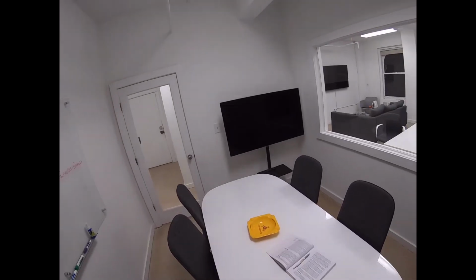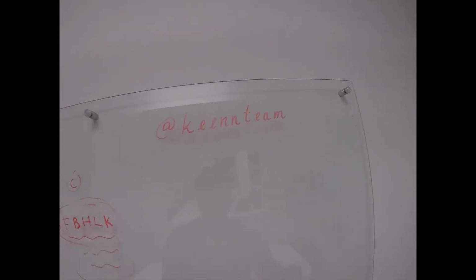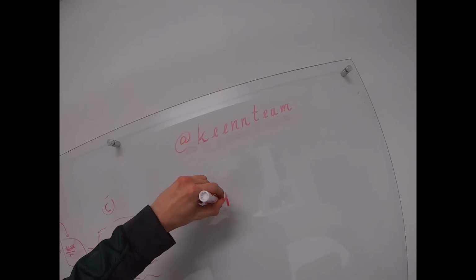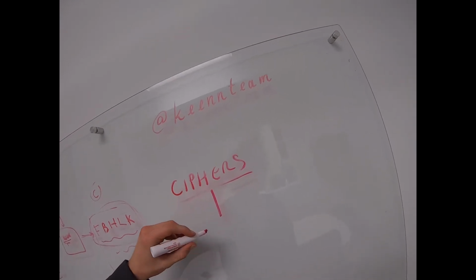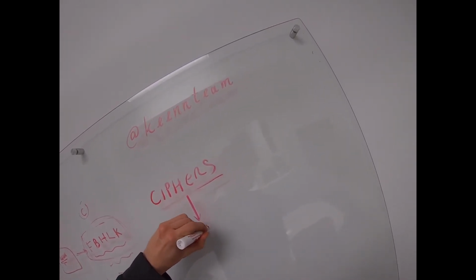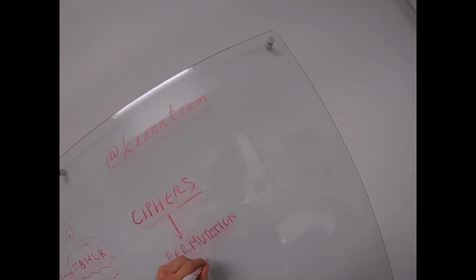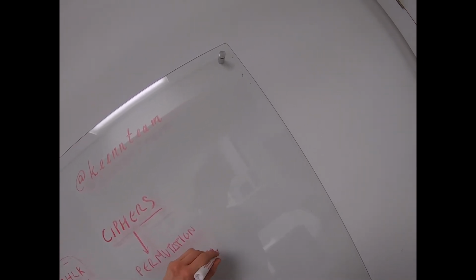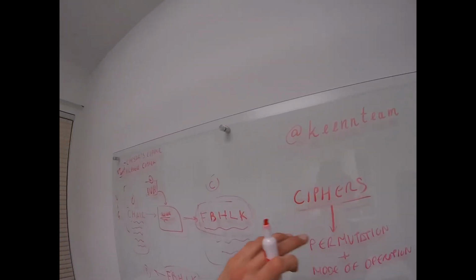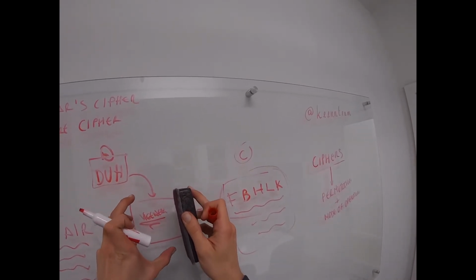And we can see that ciphers are made of a permutation plus a mode of operation. Now we're zooming in, opening up the box a little bit here, and we see what the properties of a cipher, of an encryption algorithm, are, right?